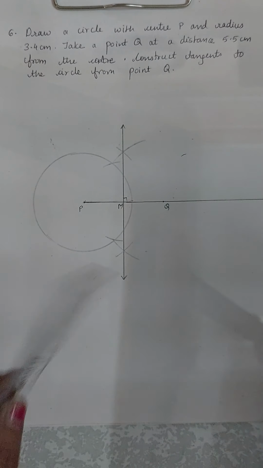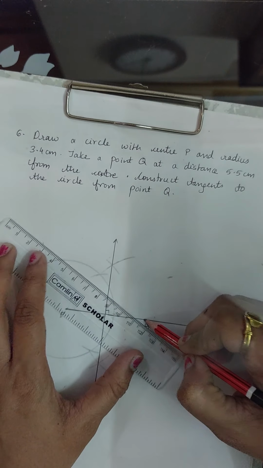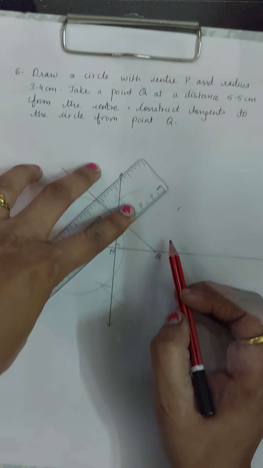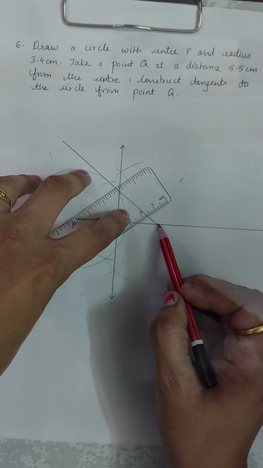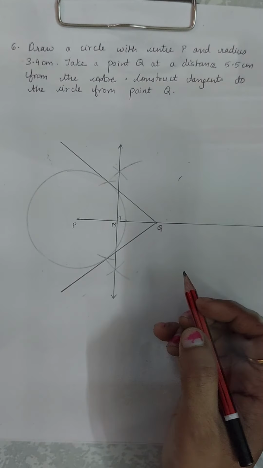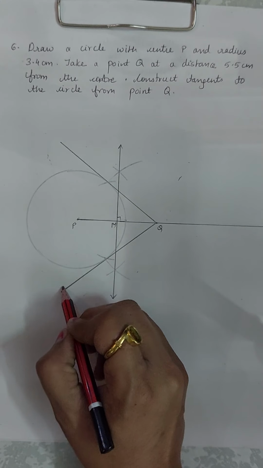Now these are the points of intersection from where you are going to draw tangents. So this is one tangent and the other one you are going to draw here. So this is how we are going to draw the tangents to the circle.